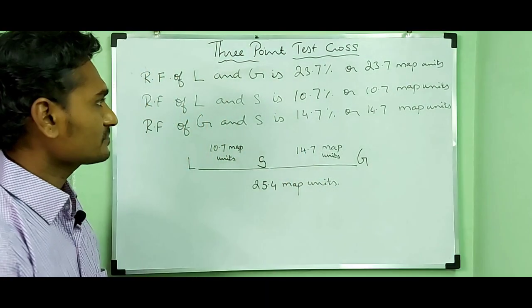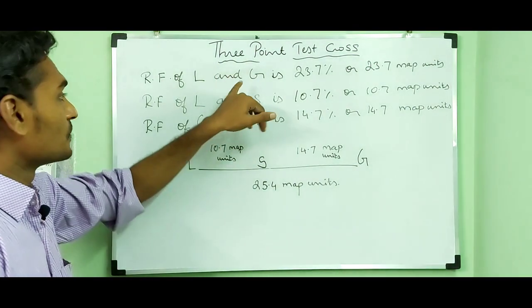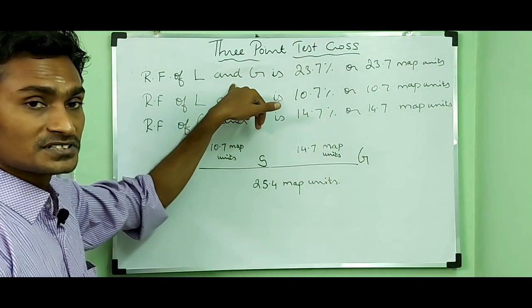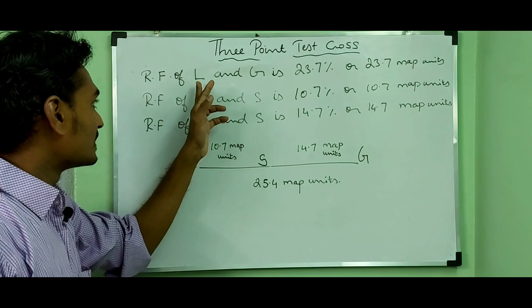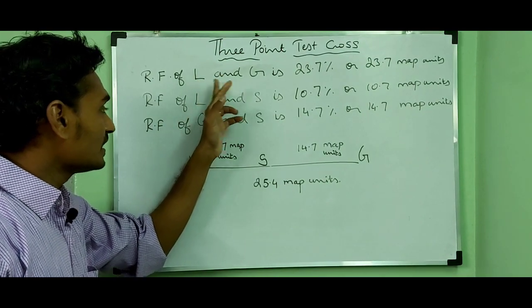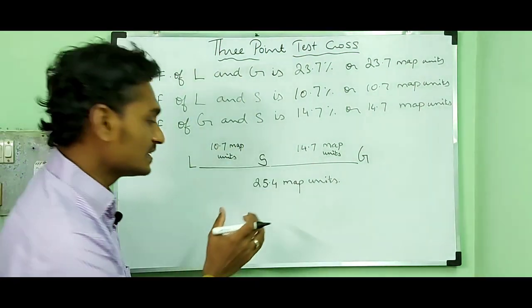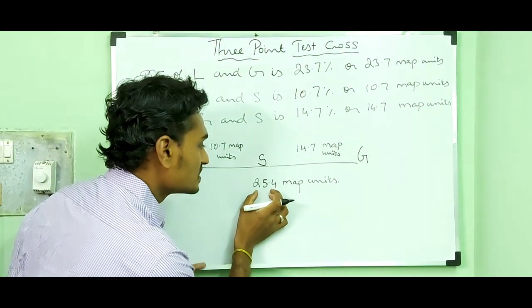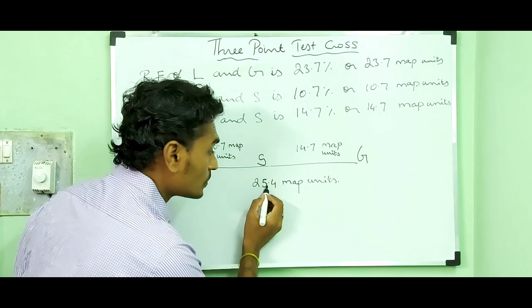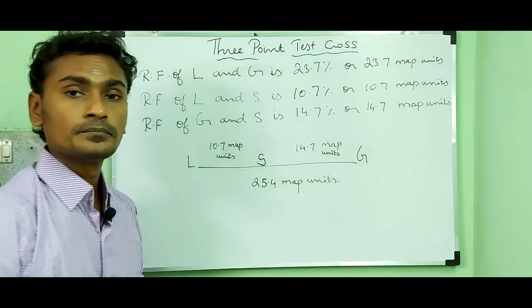But here we found the recombination frequency of allele L and G is about 23.7, while here we obtain 25.4 map units.